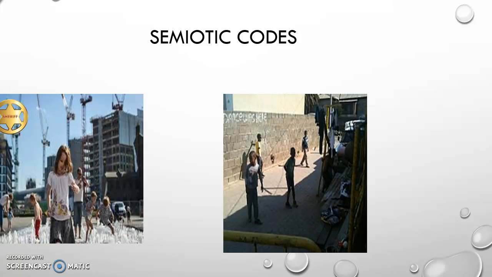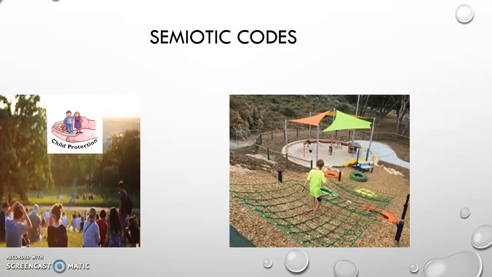But just because of the setting they're in, it could mean that they're poor. This picture I have of the child playing in the park could have a mental comparison of privileged or upper class.